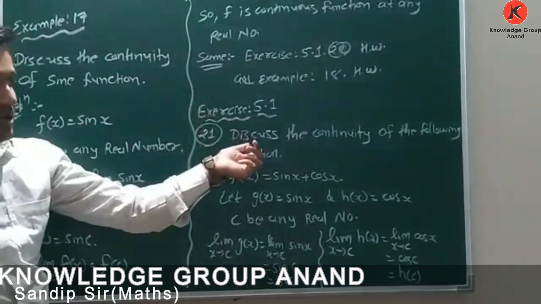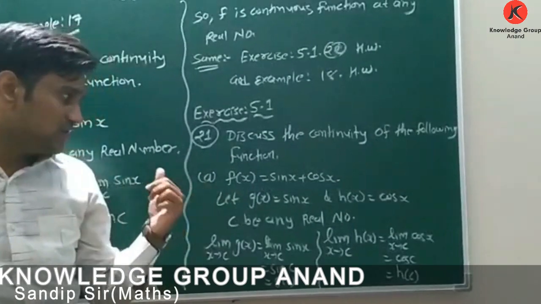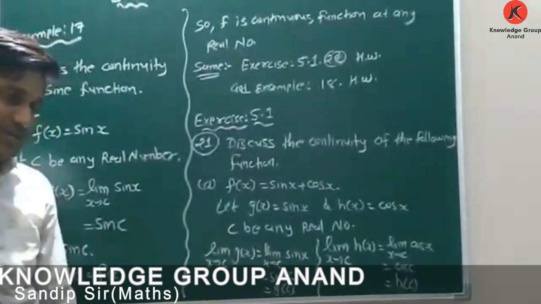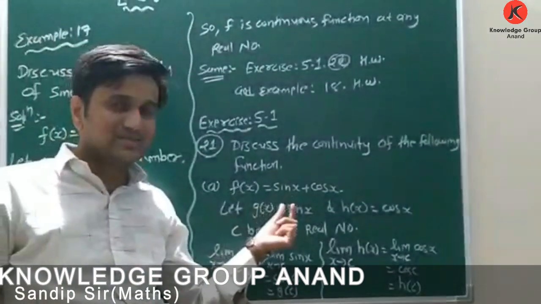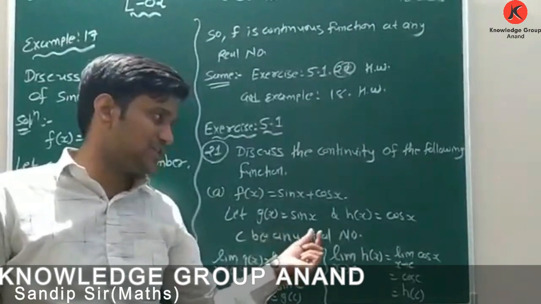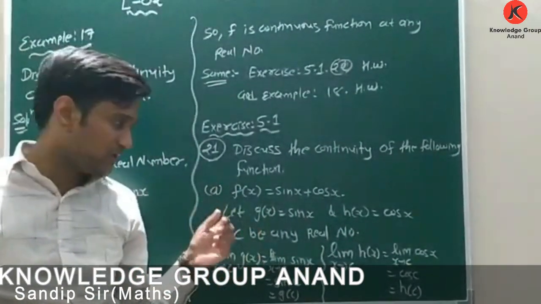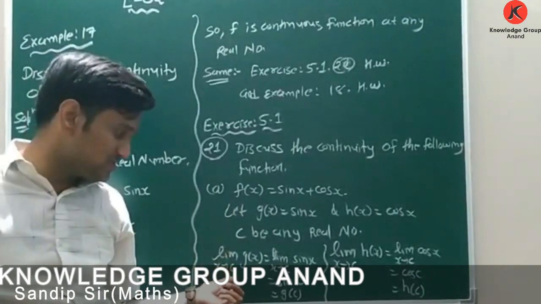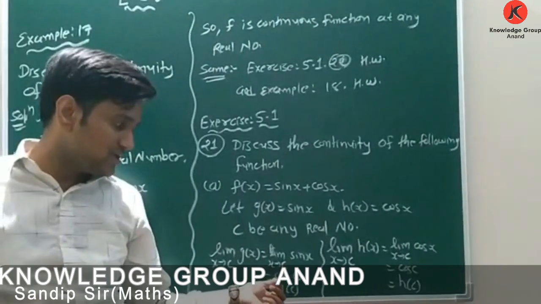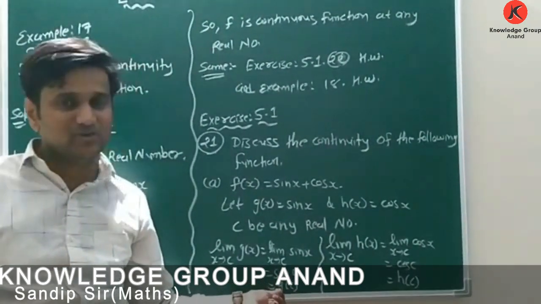Exercise 5.1, example number 21. Look at theorem 1, from which we can prove it in a single step. Discuss the continuity of the following function. First one is f of x is equal to sin x plus cos x. Consider these two as separate functions. Let g of x is equal to sin x and h of x is equal to cos x, and c be any real number. Then limit x tends to c, g of x is equal to limit x tends to c, sin x, so the answer will be sin c, and it is also known as g of c.